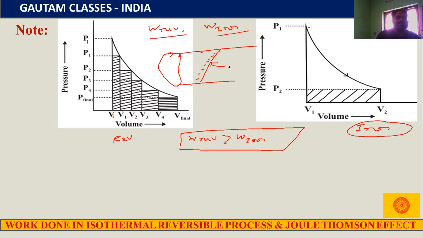So work done in the reversible process will always be greater than the irreversible, because several steps are involved, but in the other case only one step, initial to final. Hope you got the idea. And in the graph I showed here, there are so many sub-steps involved. Here there is only one step, P1, P2. But here, so many like that are coming.